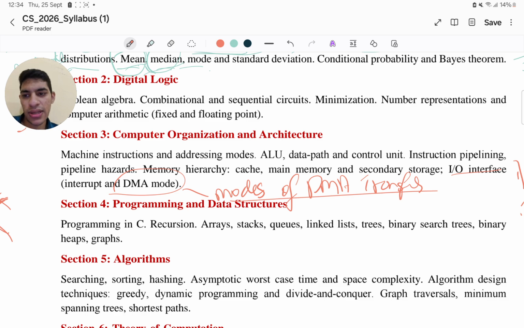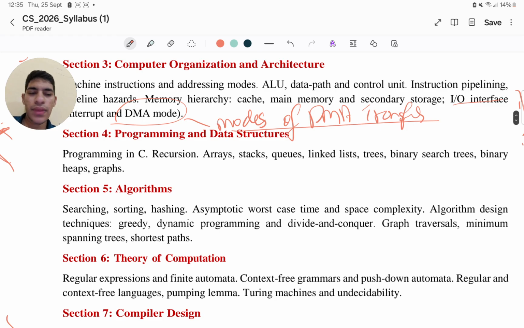So you need to have some knowledge about what each mode does and how it performs, what happens to the control lines, and how the different lines like data lines and control lines behave. They ask it pretty frequently.